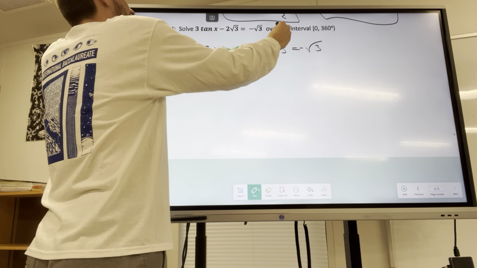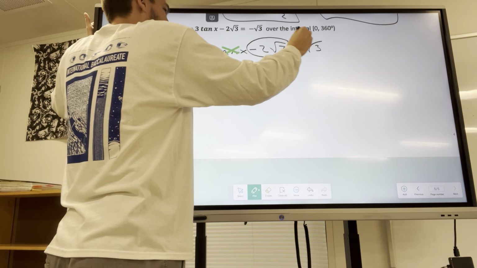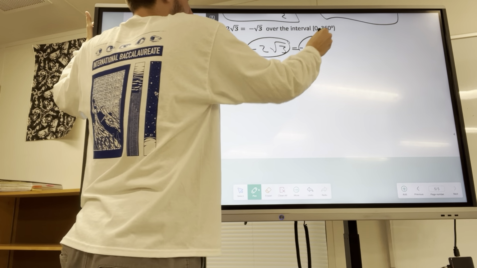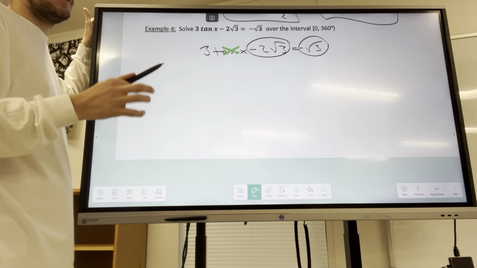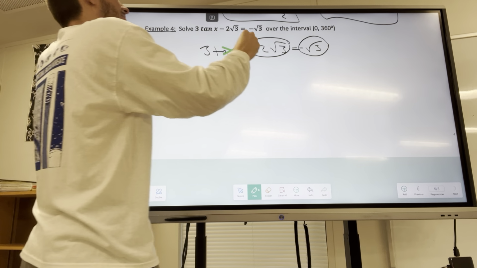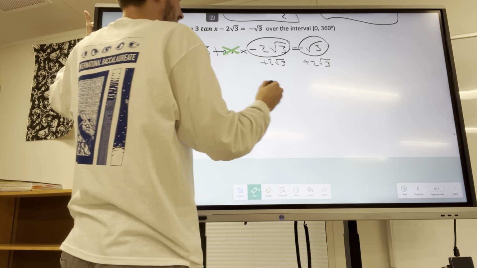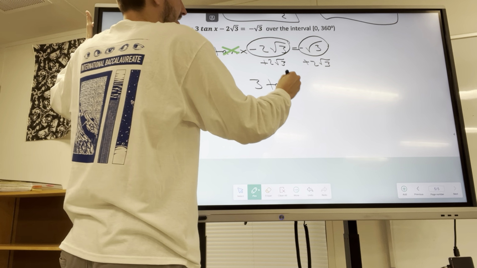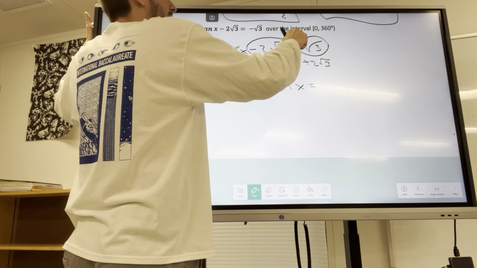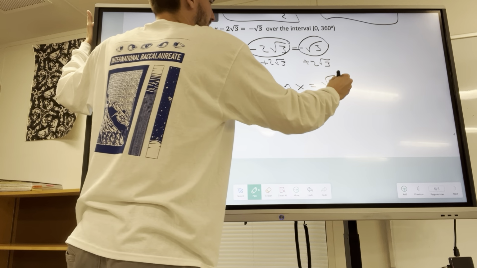Now, if we have negative 2 square roots of 3 and negative 1 square root of 3, those are like terms. Those can be added together. So if I do plus 2 square roots of 3 on both sides, I'm going to have 3 tangent x equals positive 1 square root of 3.